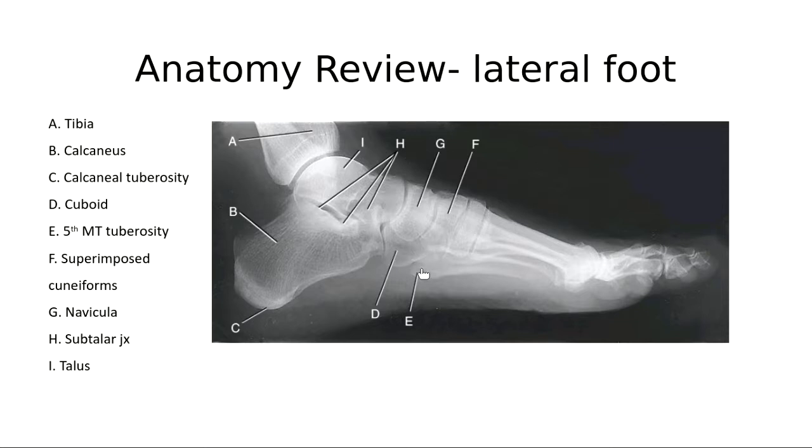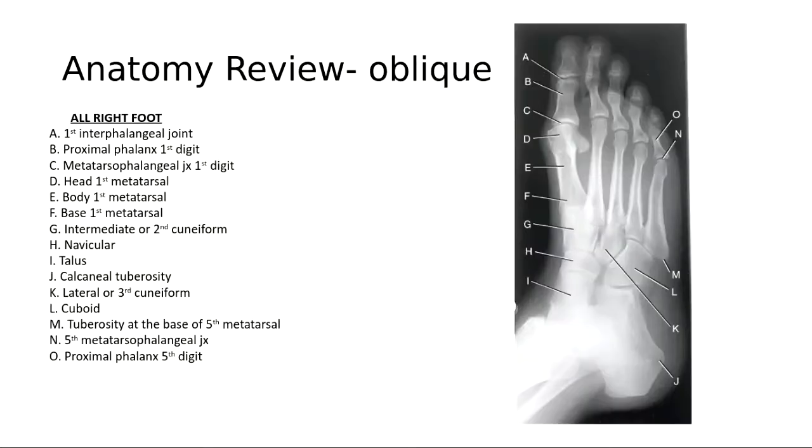The 5th metatarsal tuberosity is letter E. F, you can see the cuneiforms, all 3 are superimposed. G is the navicular. Looks like I forgot the R on that, sorry. G is the navicular bone. H is the subtalar joint. And then I is the talus bone. And this is on page 217.